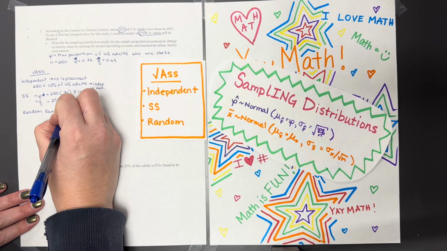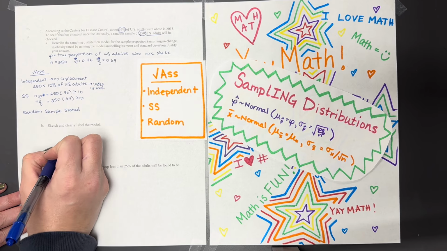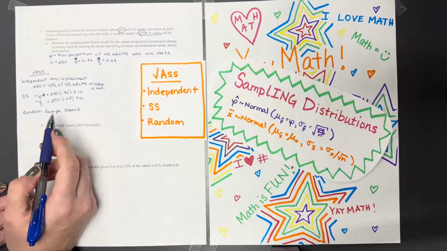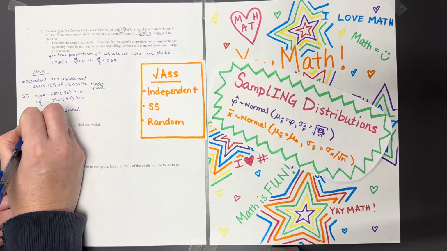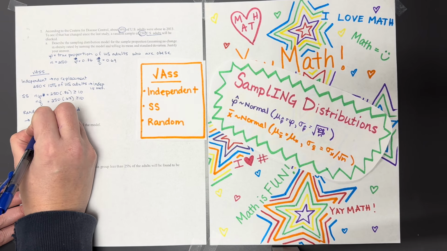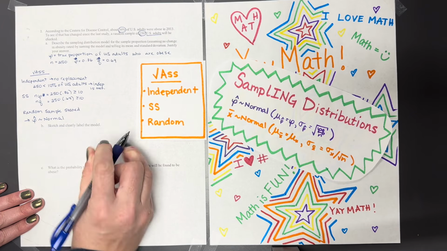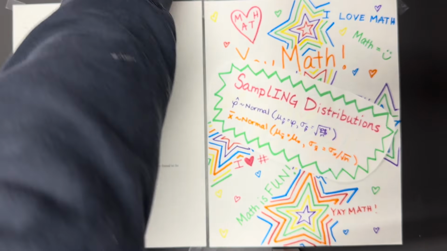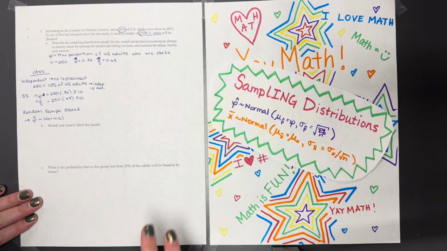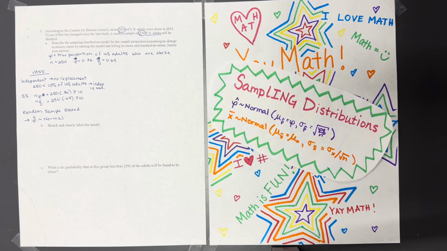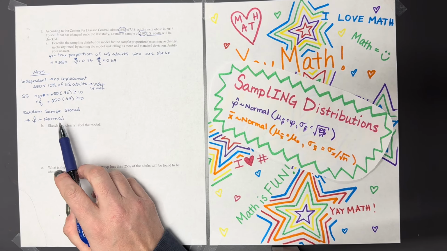So I am going to say random sample stated. Because all of my assumptions have been met, I can use p hat is approximately normal. So I am done with my checking of assumptions and conditions, and I have now named my model.